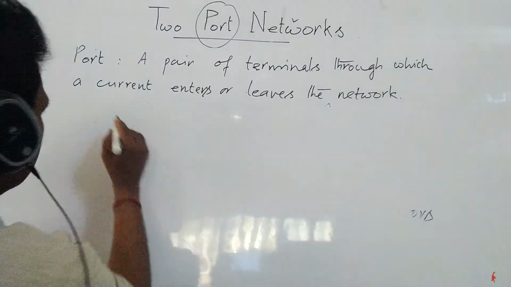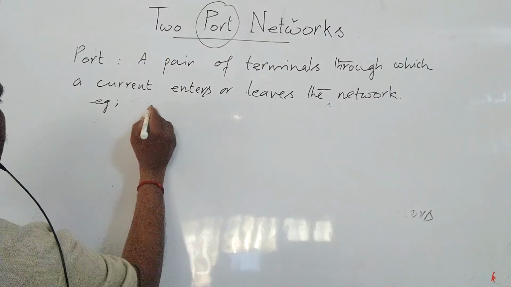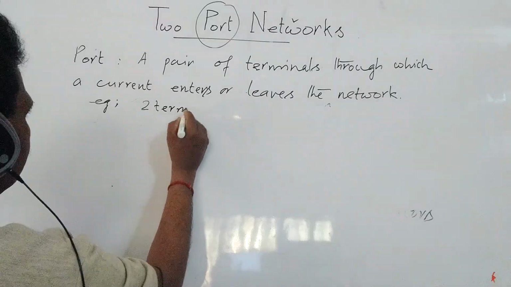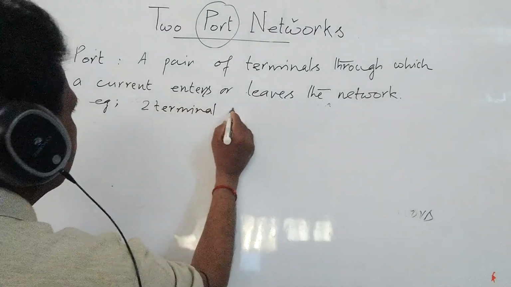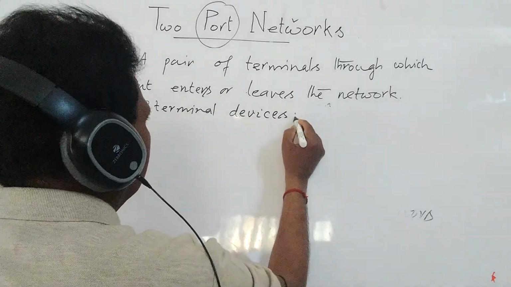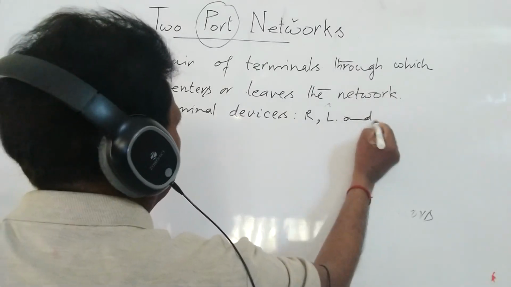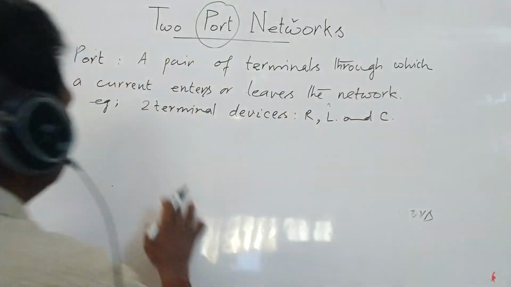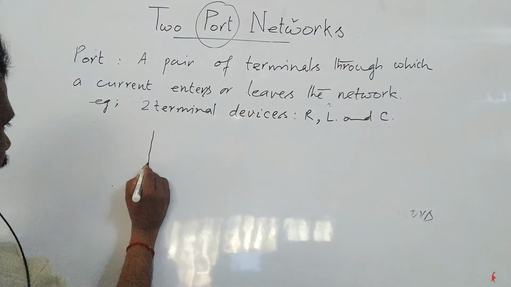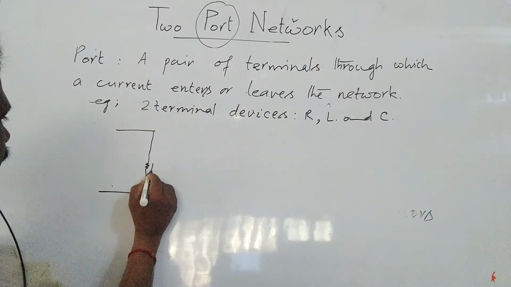Okay, then for example, two terminal devices like what? Two terminal devices like resistance, inductance and capacitors constitute a port. Let us see here. This is a resistance.